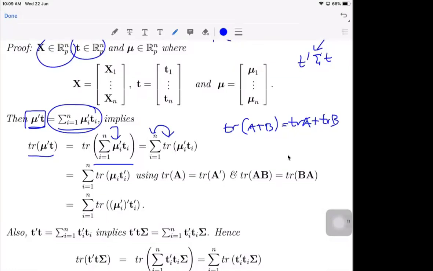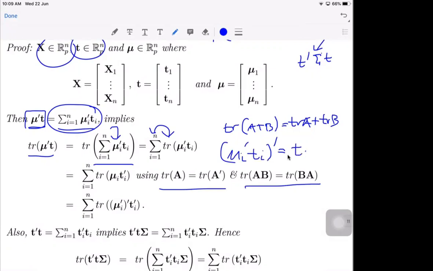And then using this result, so what will we put here? What is mu I prime, Ti? You take the prime.